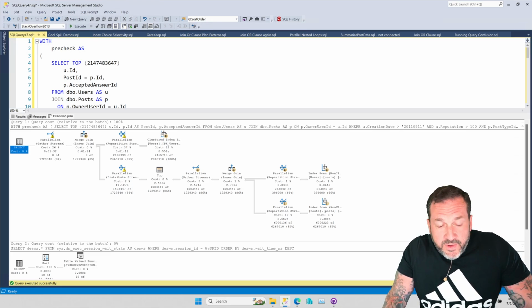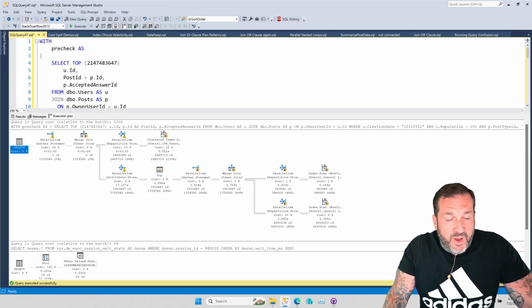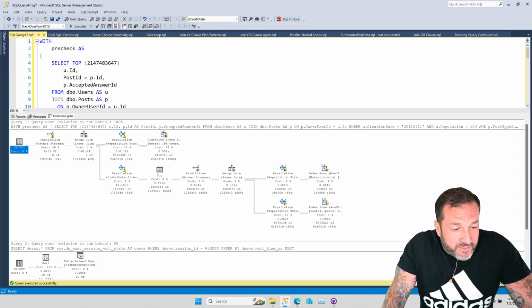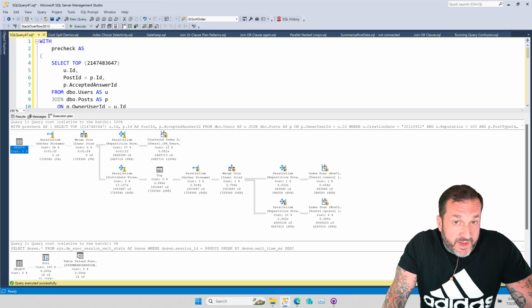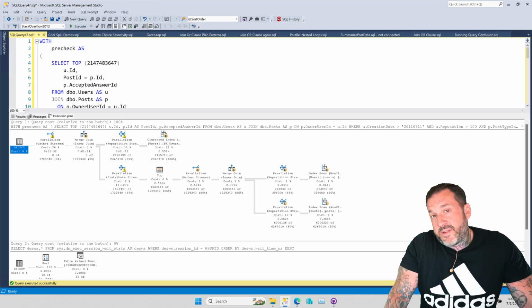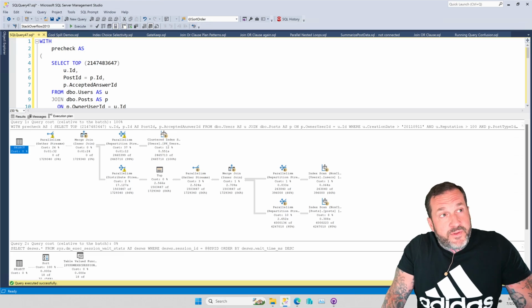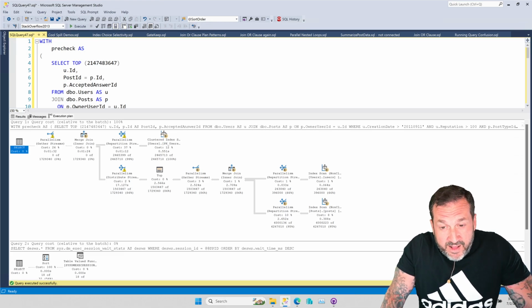And then how you fix it, of course, does depend on why it's happening. There are all sorts of reasons why spills might happen. Probably most common, you might have a really poor cardinality estimate, and that can happen because your query is very complicated or because you have done something that intentionally stifles SQL Server's ability to make a good cardinality estimate.